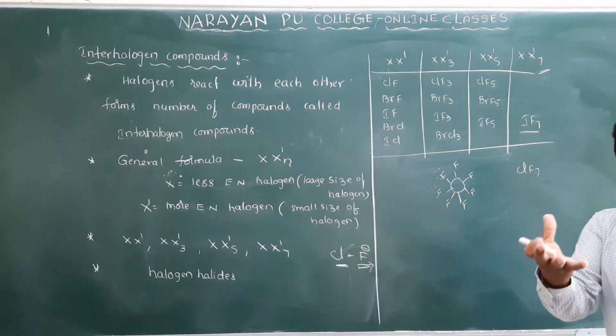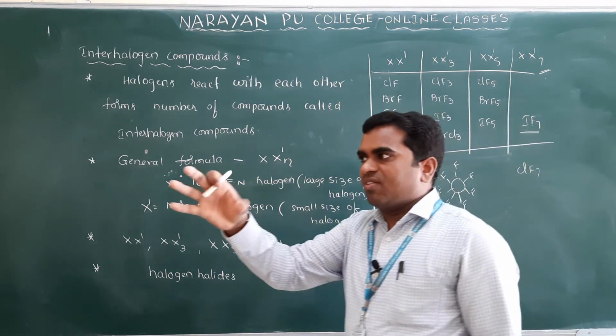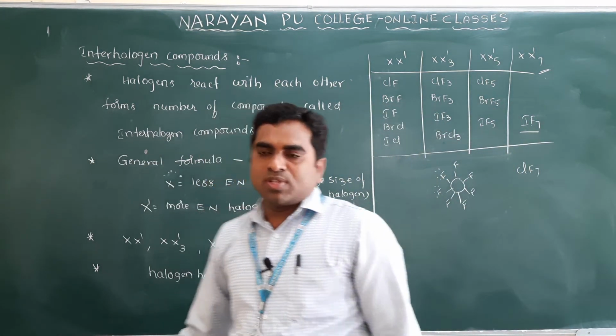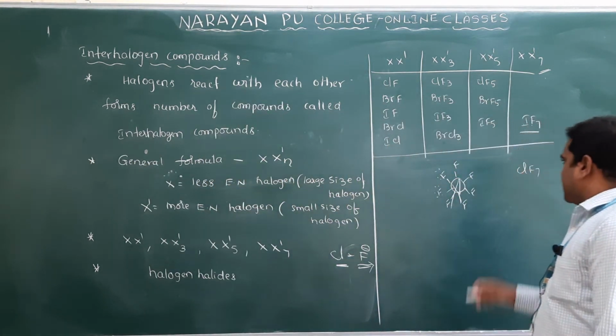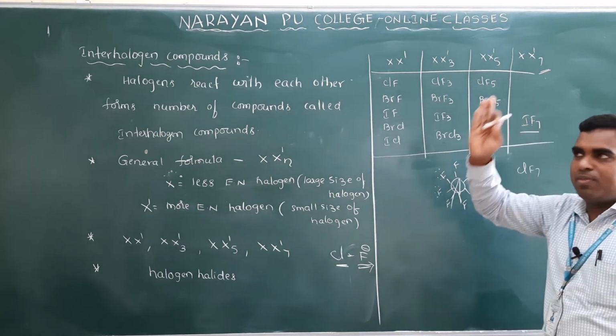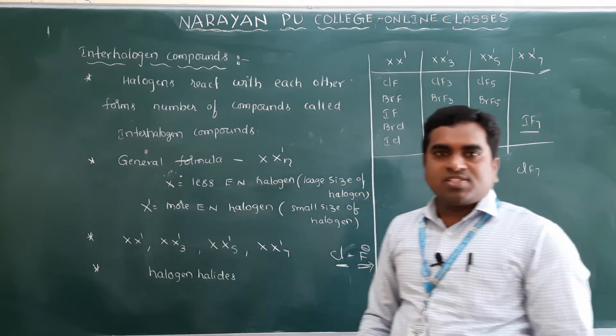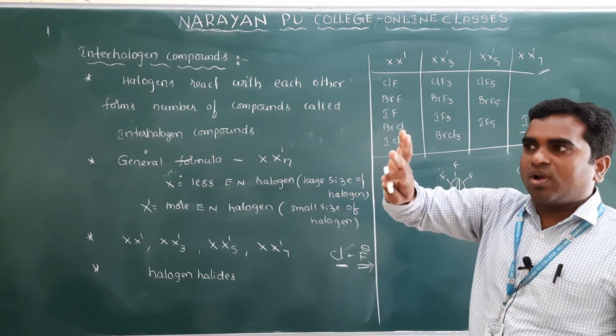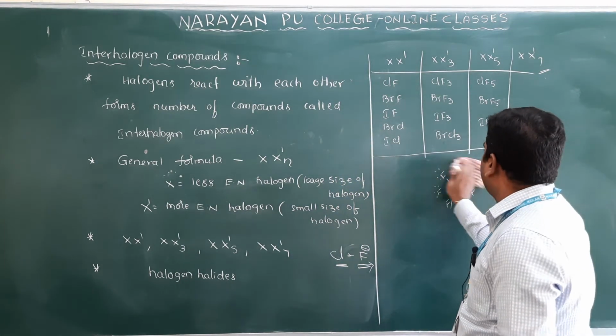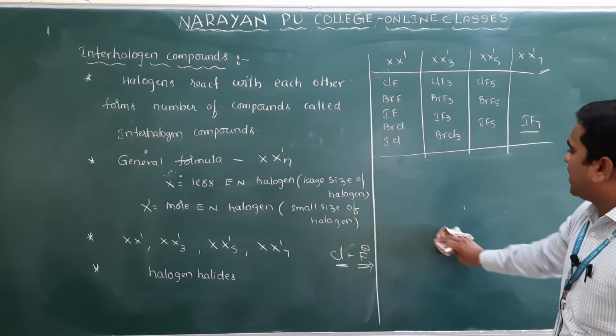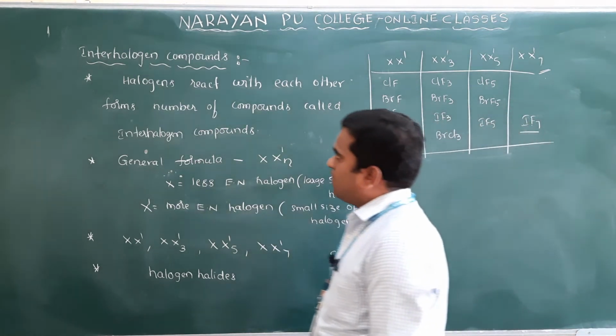So a small atom cannot hold 7 fluorine atoms, and this cannot exist. As we move from fluorine to iodine, the iodine size is very large, so it can easily hold 7 fluorine atoms. That is the reason. And this is about interhalogens.